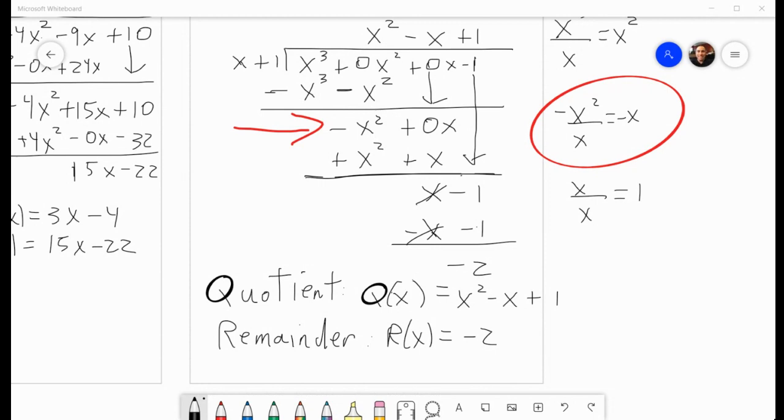Wait, say that again. So if you look right above that -x squared, to get that we used 0x squared minus a -x squared. You mean here? No, the one right over it. We have x cubed plus 0x squared plus 0x minus 1, right?